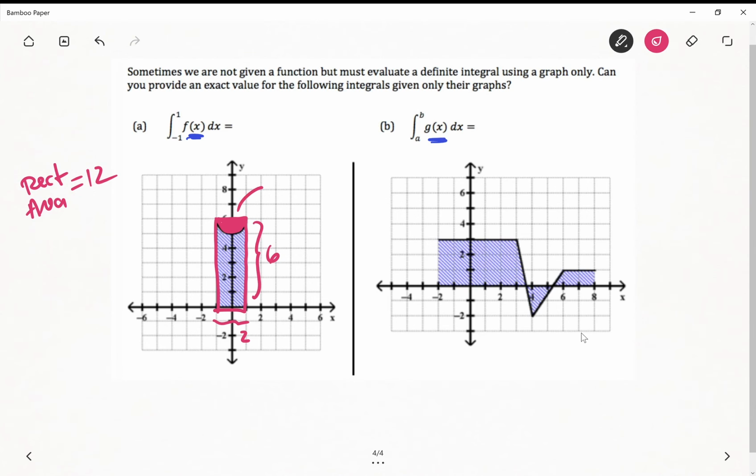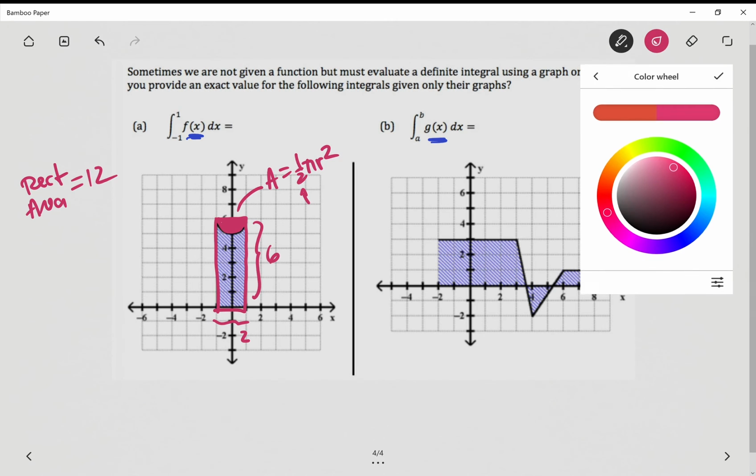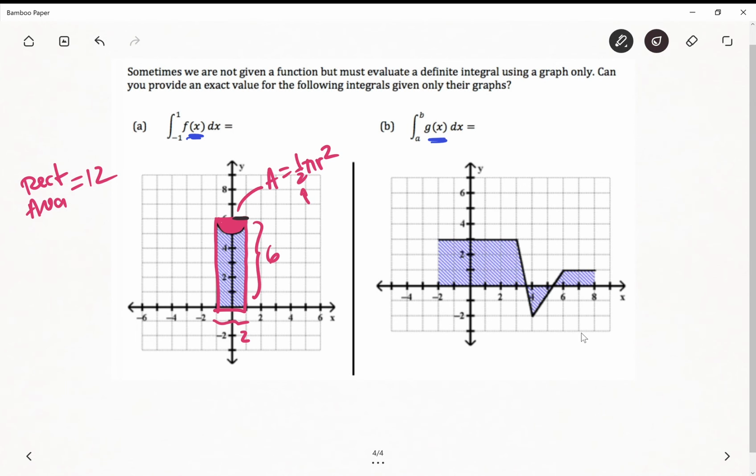So the area of the semicircle is 1/2 pi r squared. The half means half the area of the circle. We see that we have a radius equal to 1. So the area of the semicircle is going to be pi over 2.